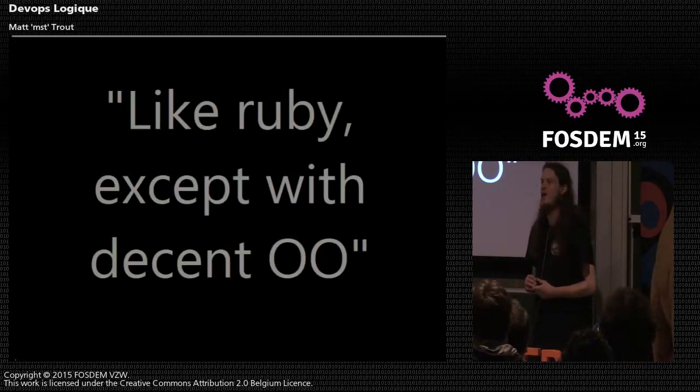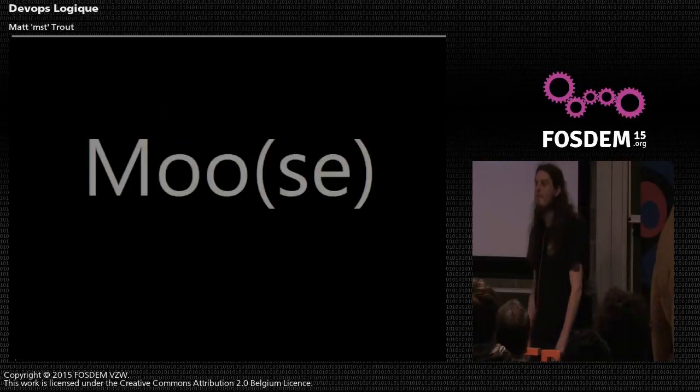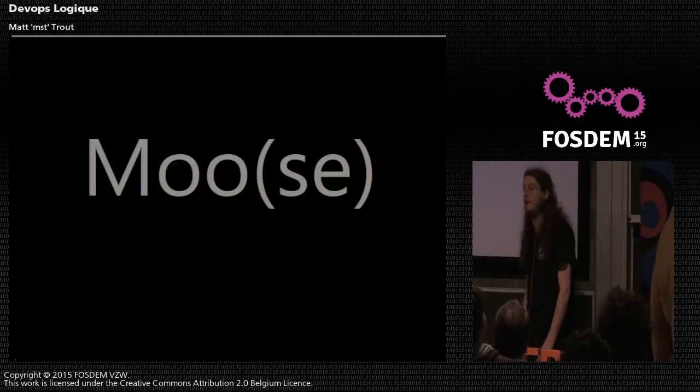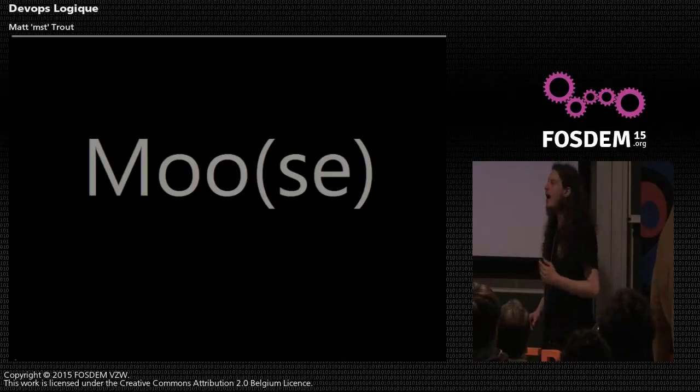Because people were going, no, that doesn't make any sense at all. I'm like, well, okay, but that just means you haven't discovered Moose. Or, you know, Moo, my half-size cut rate knockoff of Stephen Little's work.